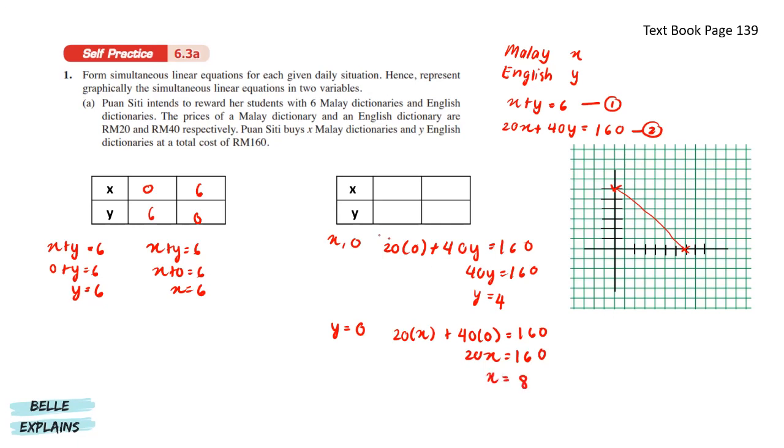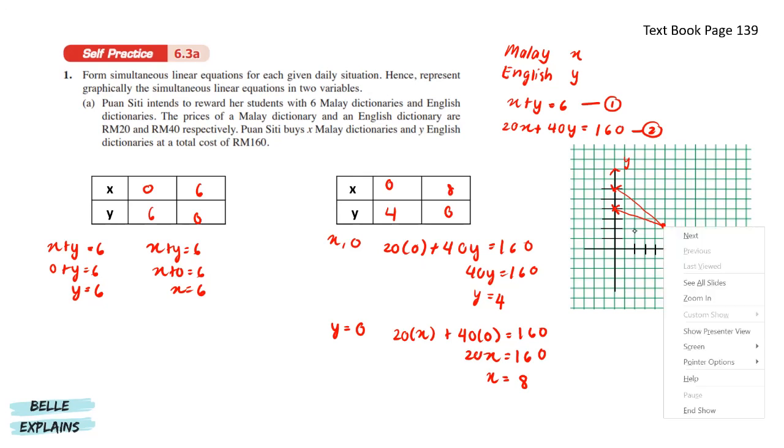So x equals 8. Now we can draw that line. Follow the table to plot out the points. When x equals 0, y equals 4. And when y equals 0, x is 8. Now we can draw that line as well.